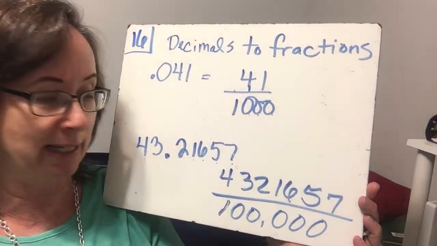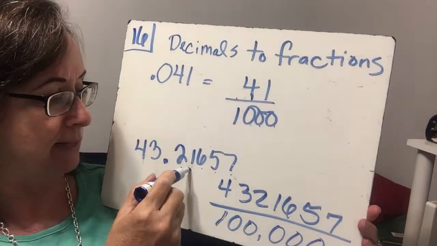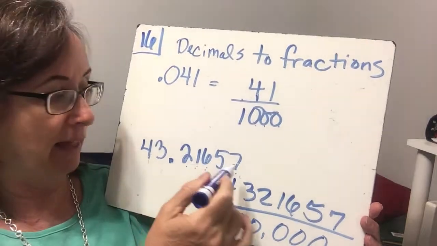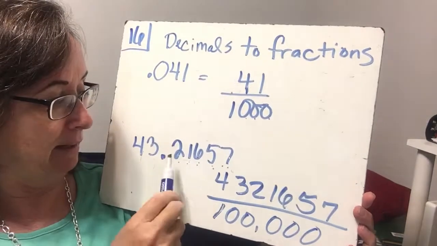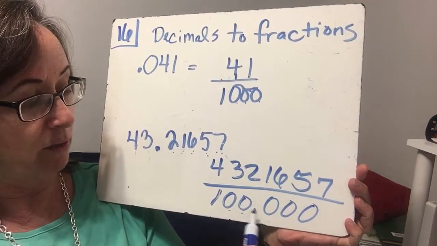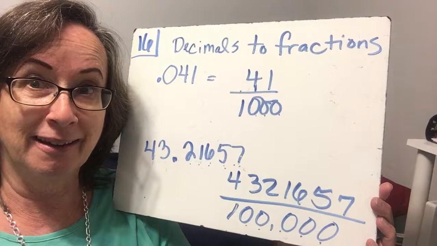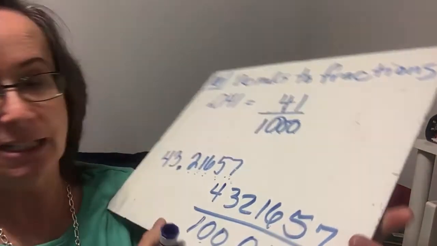We're going to give that many zeros, and it works out the same as if we counted it, tenths, hundredths, thousandths, 10 thousandths, 100 thousandths. We have that number, but it also works to just count 1, 2, 3, 4, 5 zeros. Piece of cake. Now, let's look at 2 more problems, and we will be done.